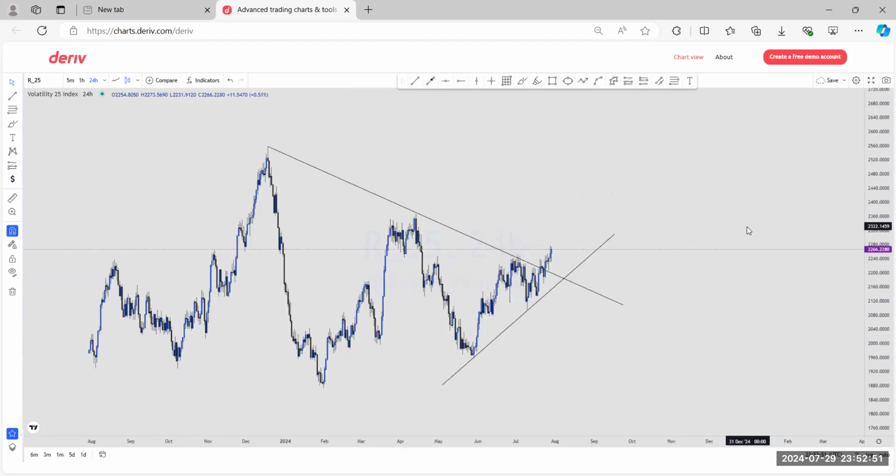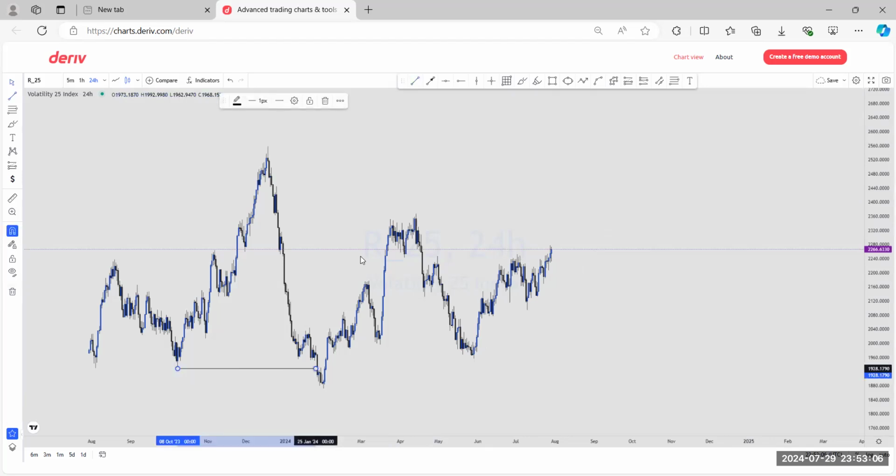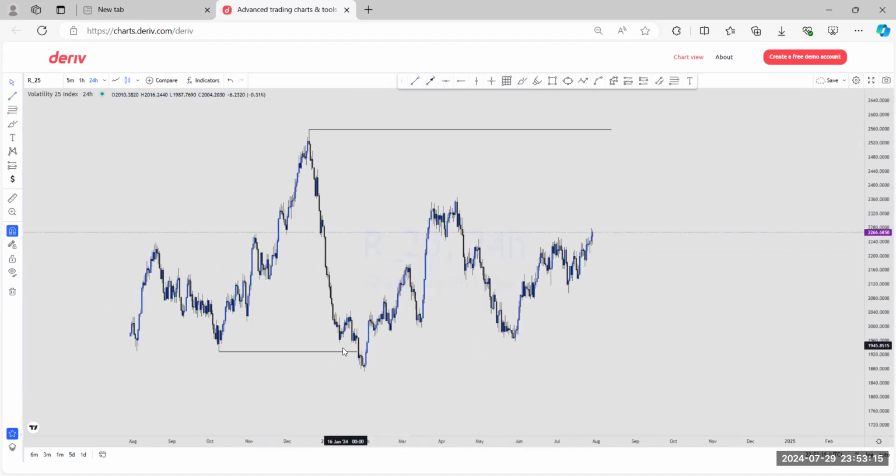So what if you are not a pure price action trader, but you are an SMC or ICT trader? Then you are also likely going to see what I'm about to show you. All right. So this was our low, and this is the high that broke that low. All right.